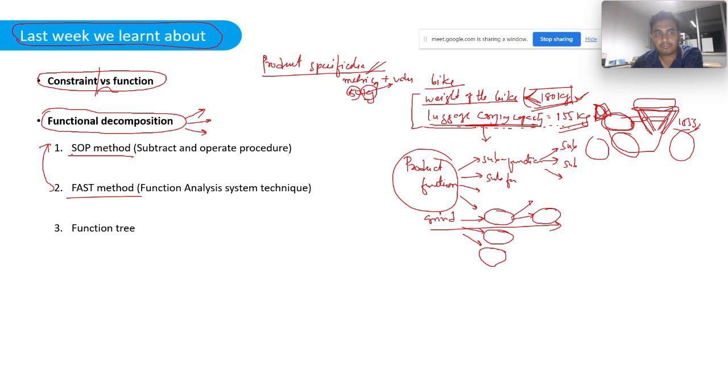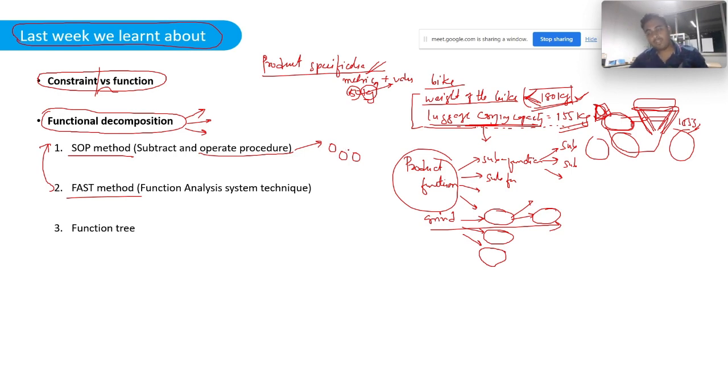Yes, in the SOP method, we one by one remove all the components and try to identify its function in a product. Yes, correct. So we start removing the smallest possible functional block, and then after removing, we operate the product, and we try to analyze the relationship and what function is missing when we operate without that particular functional block.